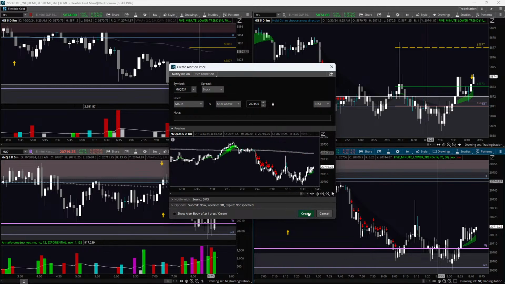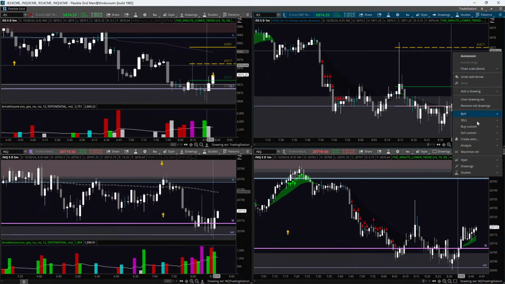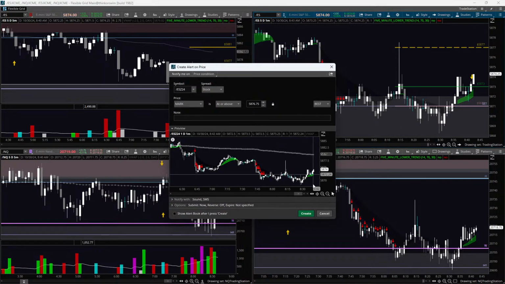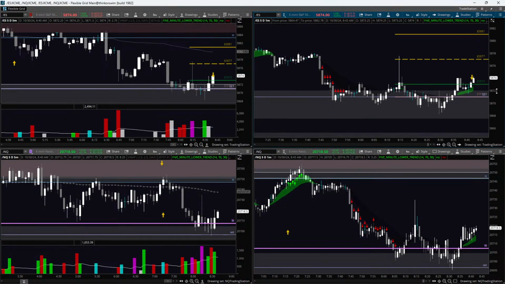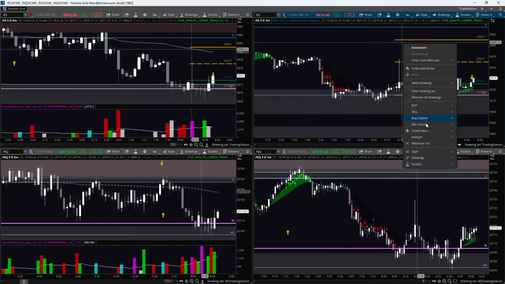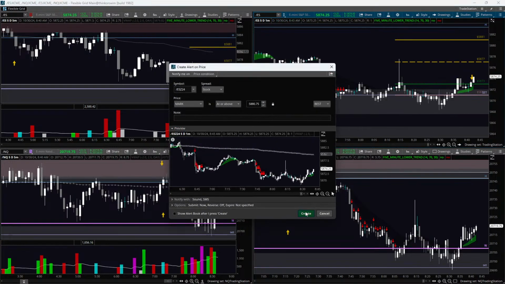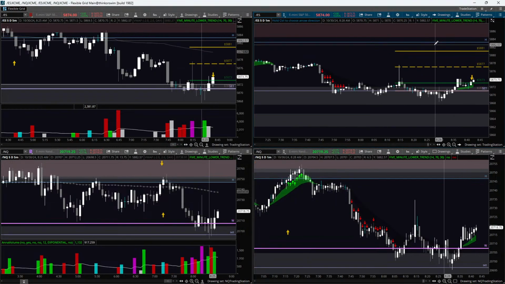Not really looking at anything else. So risking 3. So I'm going to be working on just one micro, and then going from there.